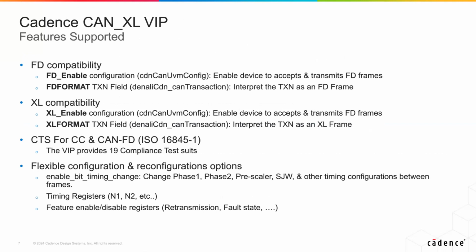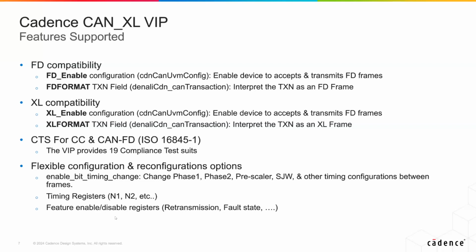Now regarding our VIP, it provides many features, including but not limited to being FD compliant, so you could use our VIP device to test a CAN FD device IP. It's XL compliant. It has the compliance test suite as defined by the ISO 16845-1 spec. So we have a complete library of compliance test suites that you can use in testing your IP devices.